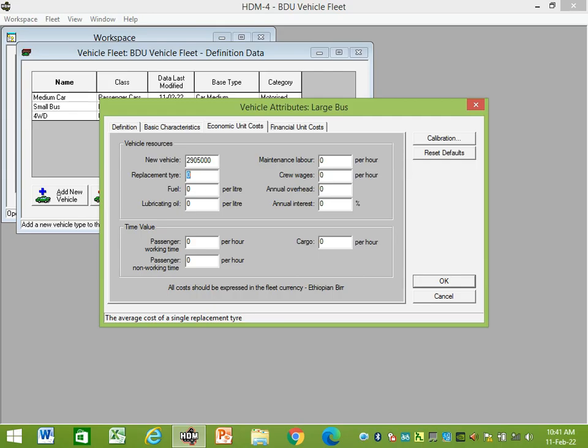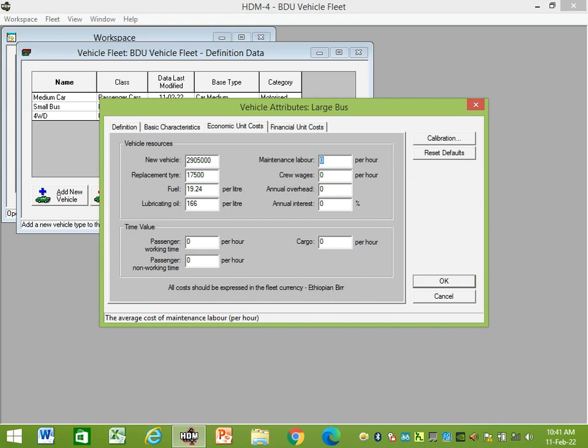Replacement tire 17,500. Fuel economic 19.24. Lubricating oil 166.